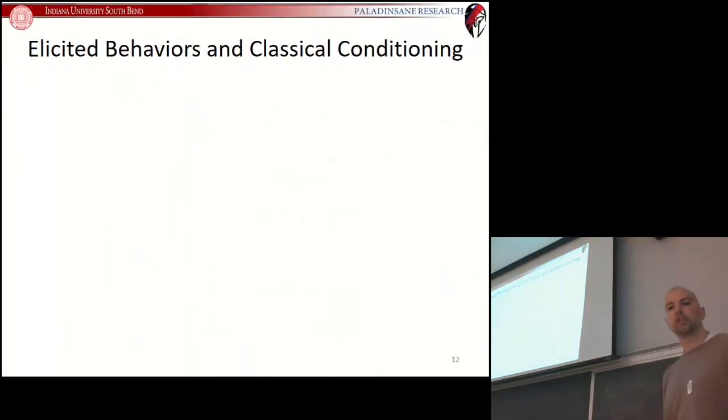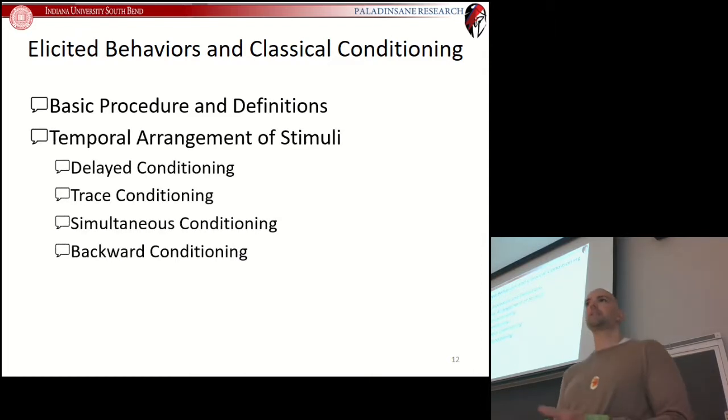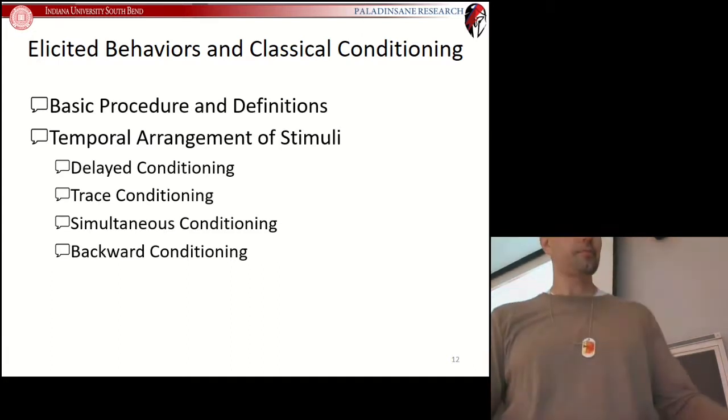So we are going to take a look at the basic procedures and definitions involved in classical conditioning. We're going to use them to explain the effectiveness of advertising. And then we're going to take a look at the temporal arrangement of stimuli. So you've got two important stimuli in classical conditioning, and depending upon how they're arranged, you can get different effects.